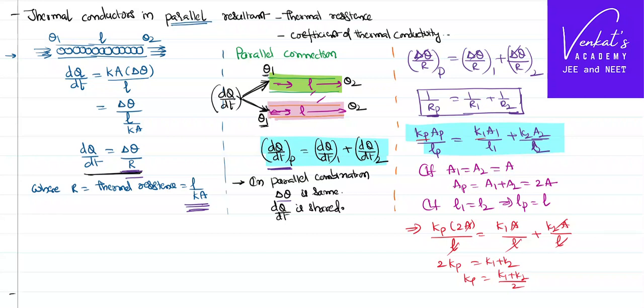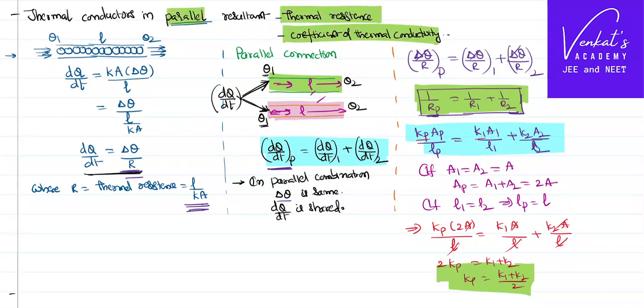That's the one more answer that we wanted. We wanted two answers, the effective resistance in parallel and the effective thermal conductivity, and we have derived both of them. While deriving this, the most important part to grasp is that in a parallel combination, delta theta is the same and dQ by dt is shared. That's the most important part that you need to understand.